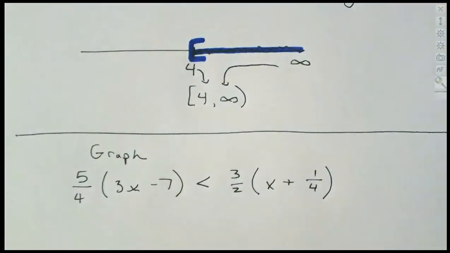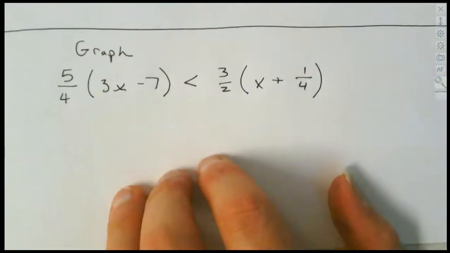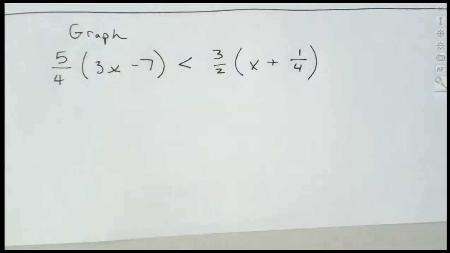I picked this one with fractions, and they're going to be easy fractions to work with. I picked ones that'll be easy to clear out. We've done these before with equations, right? You just distribute through first, and then we clear our fractions.